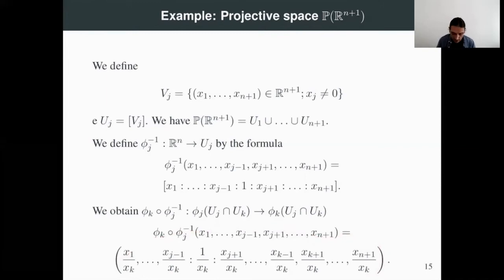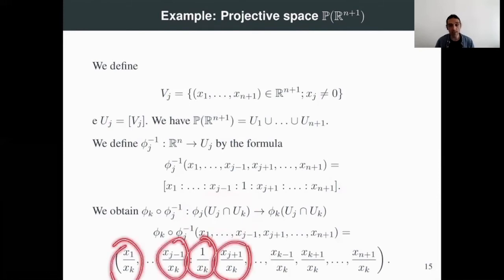And in this set over here, which is an open set, x sub k is different than 0. So all these expressions are indeed C-infinity, even better, real analytic, because the denominator never vanishes.